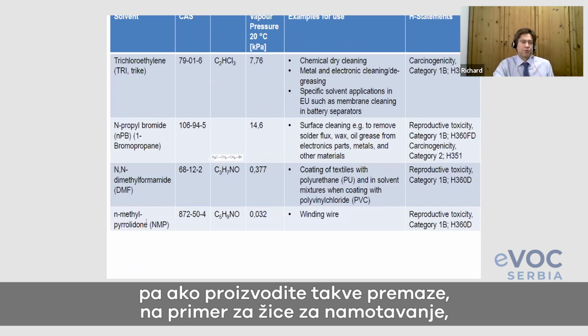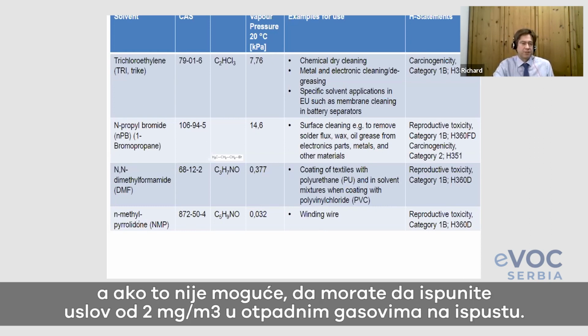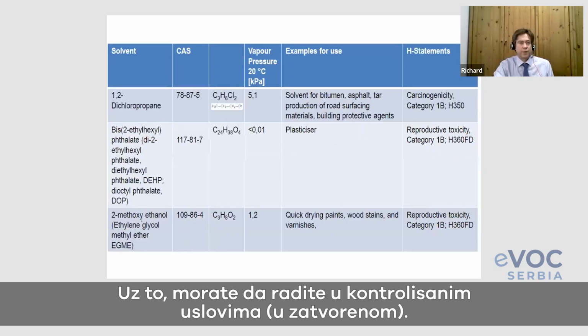So if you produce such industrial coatings, for example for winding wire, please be aware that first you have to substitute it. If it's not possible for you to substitute it, then you have to comply with this 2 milligrams for your waste gases in the stack. Additionally, you must work in a contained way.